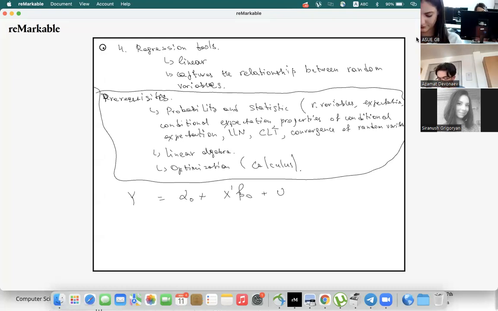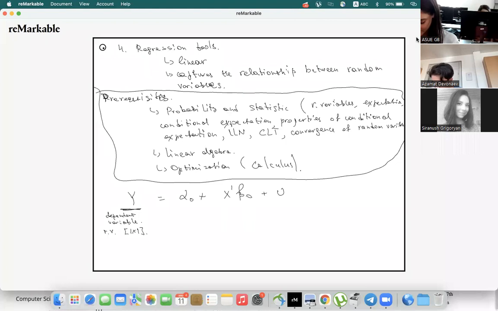Some terminology: y is usually called the dependent variable. In this case, it's a scalar. It's basically a random variable, not a random vector. Its size is 1 by 1, right?